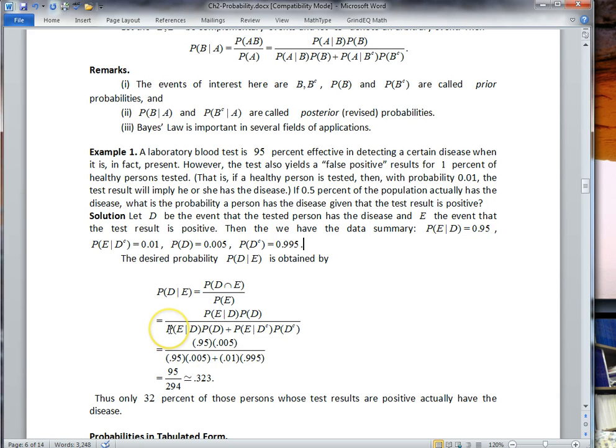And P of E given D is 0.95, that's the same part as this one here, and that's 0.005. And then P of E given D complement from here 0.01, and P of D complement is 0.995. So you do these calculations and you get 0.32. So 32% of the people who test positive actually have the disease. That's not as impressive as this would suggest.